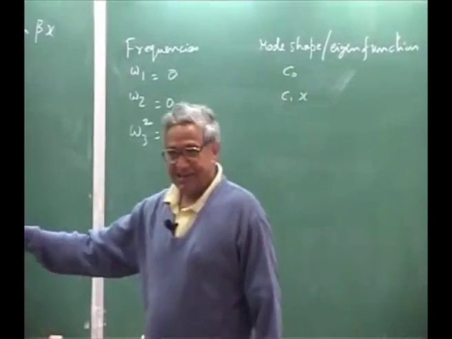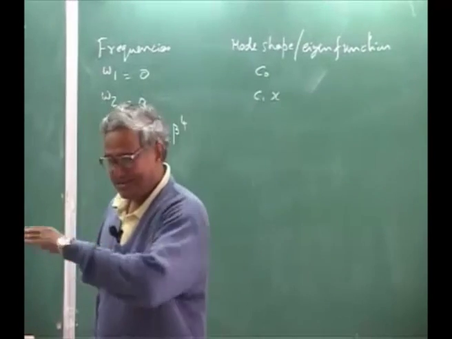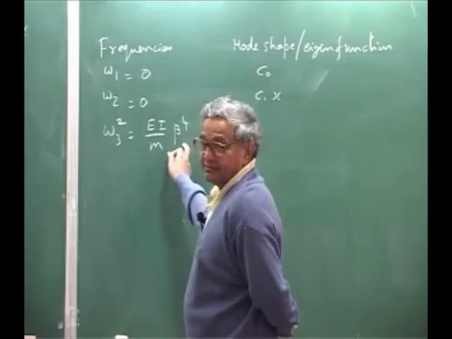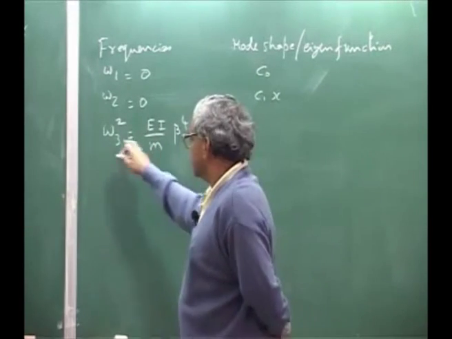Usually it will be always beta L, they will write some value. Anyway, here you take it. Now from here omega 3 is this value. You know the beta value, you can substitute, you get this.